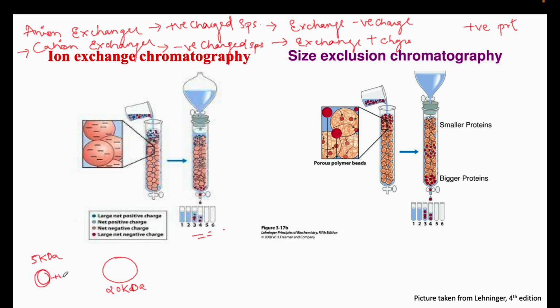So suppose this is positively charged, and this is also my positively charged protein, and the overall charge, the charge density is also same. Charge density, by charge density I mean the amount of charge.